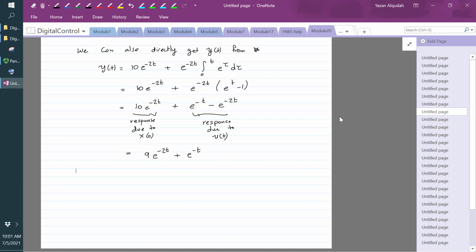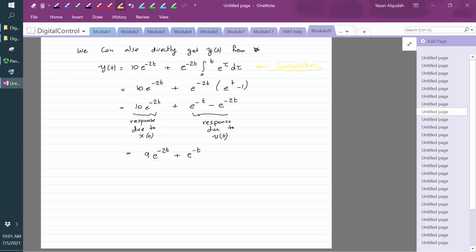And if we integrate, we're going to get 10 e to negative 2t plus e to negative 2t multiplied by e to t. Again, this is the convolution, and hopefully everybody is familiar with it. So if you do this integration, we're going to get 10 e to negative 2t plus e to negative t minus e to negative 2t.